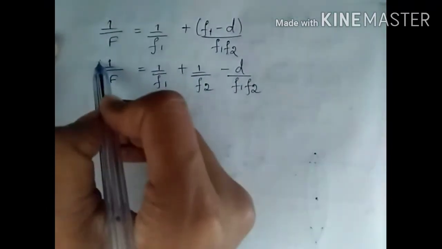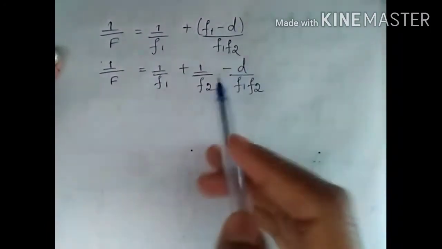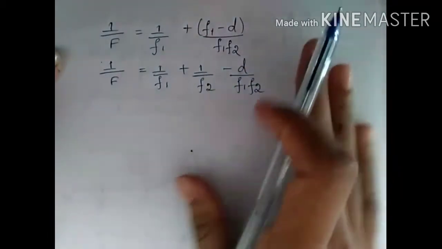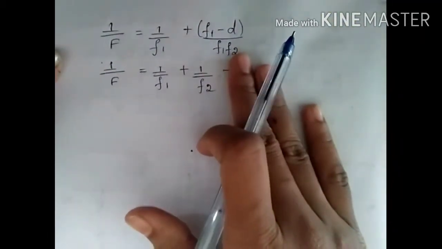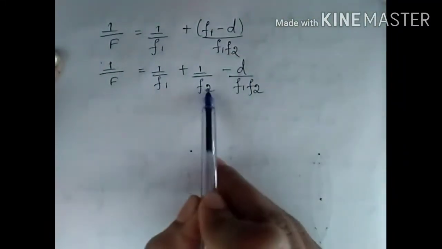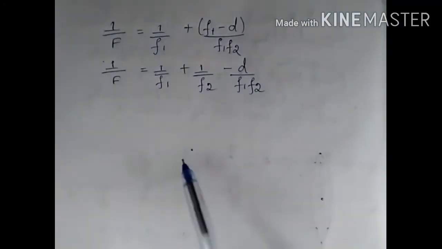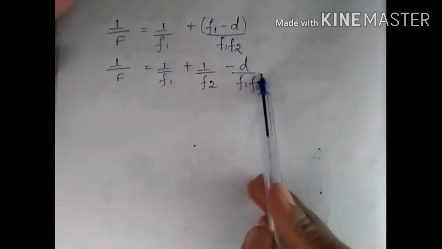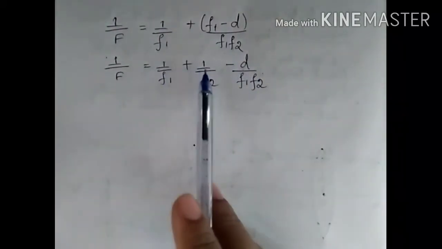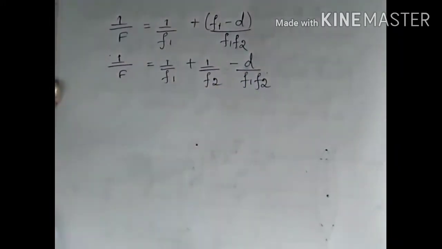So this equation is for the equivalent focal length of two lenses when these are separated by distance d. If these two lenses were not separated by distance d, then the equivalent focal length would be 1 by f1 plus 1 by f2. Since these two lenses are separated by a finite distance d, you write the equivalent focal length as 1 by f1 plus 1 by f2 minus d divided by f1 f2.